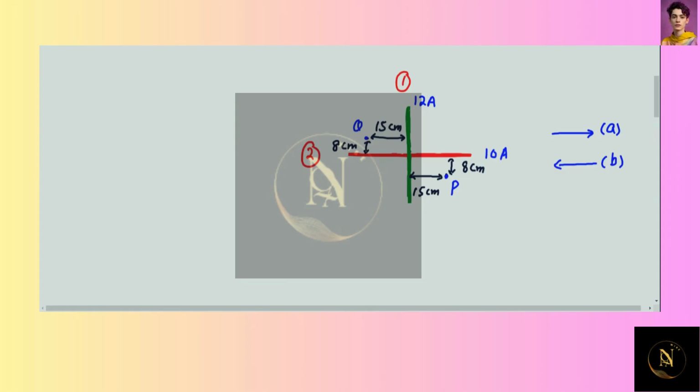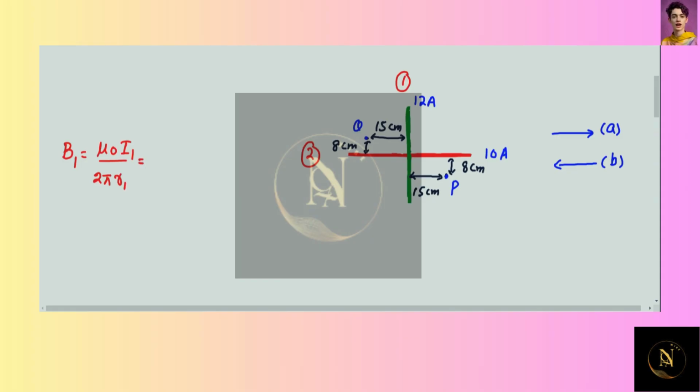As point P and point Q are at equal distance from wire 1, the magnitude of magnetic field at point P and point Q due to wire 1 is B1 equal to mu naught times current through wire 1 divided by 2 pi times the distance of point P and point Q from the wire, that is R1. Now we can put different values here.